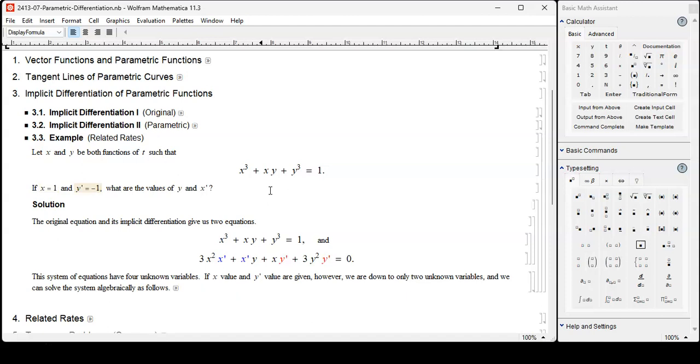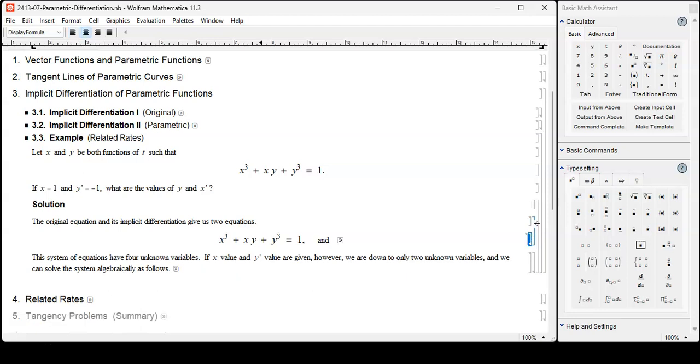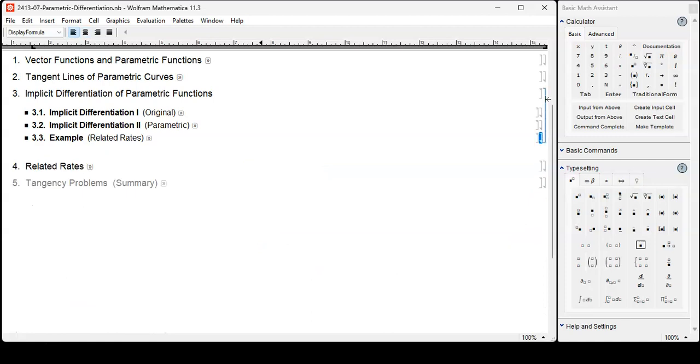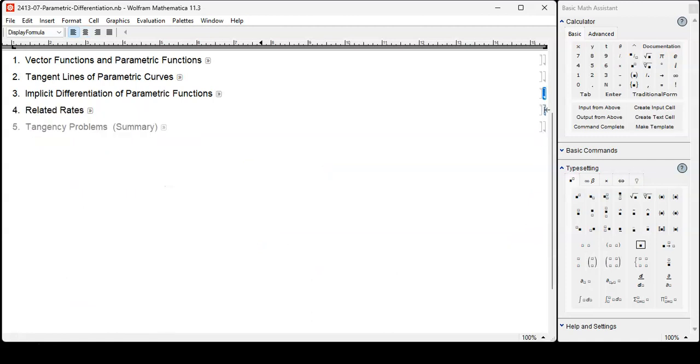And in some cases, problems give you even more. In the end, after plugging all those in, you're going to get two equations and two unknown variables, and then you can solve it. That's the structure of the related rates problem.